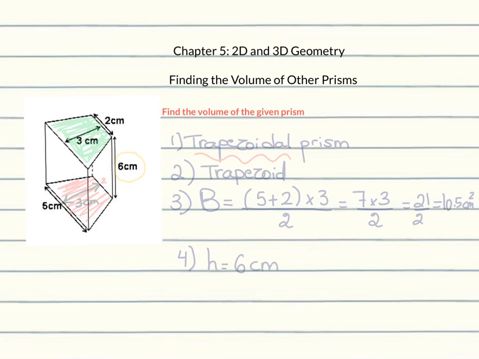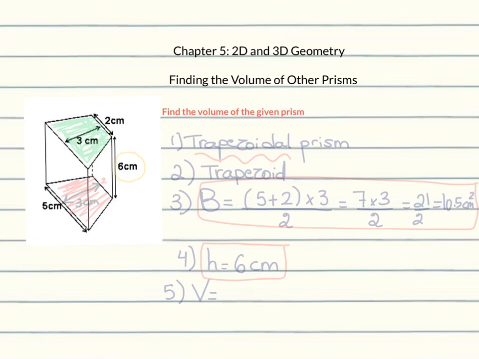Now remember, as I told you before, please place this value and the area of the base all in boxes in order to use them for our last step, number 5, which is identifying the volume of the three-dimensional figure.